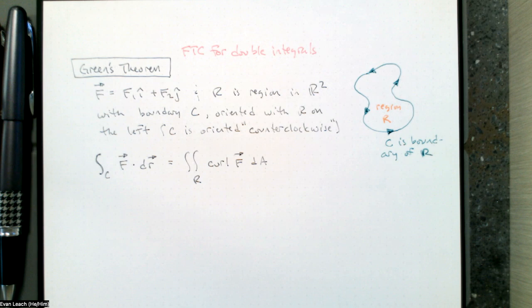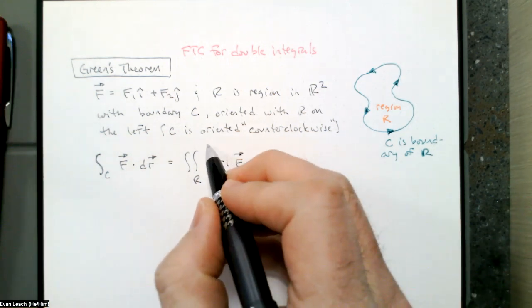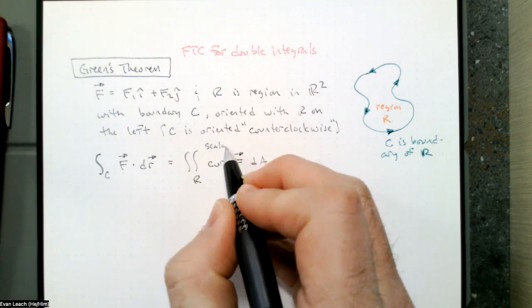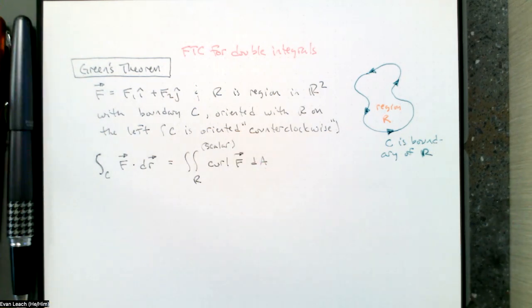This is sloppy of me to write it this way because I'm writing the curl of the vector field, but it's specifically the scalar curl of the vector field. I've implied it's a scalar curl because I said the curl of f just times dA, not dot dA.